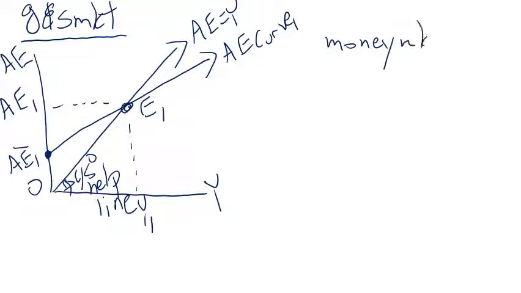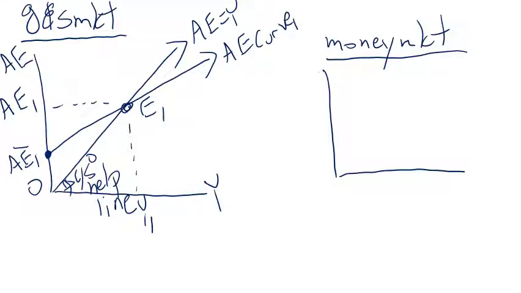And now in the money market. All right. So in the money market, interest rate, real balances, money supply, M over P, M being the nominal money supply, that is in direct control of the central bank.